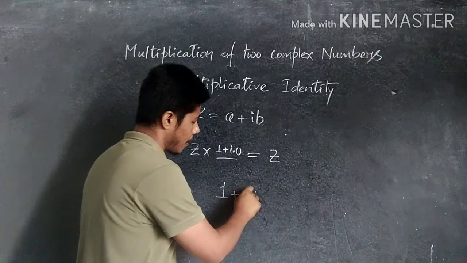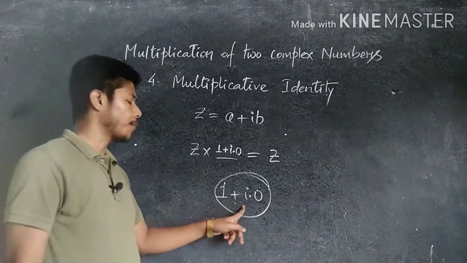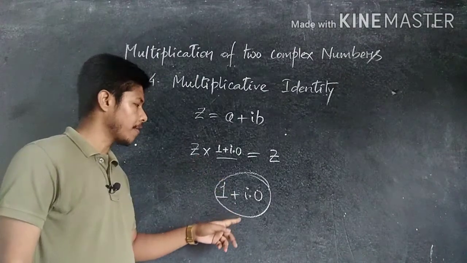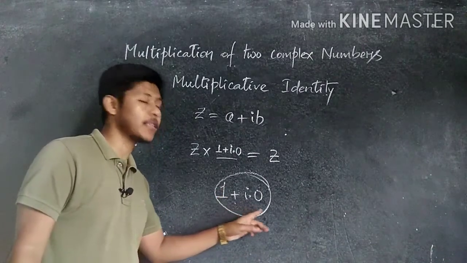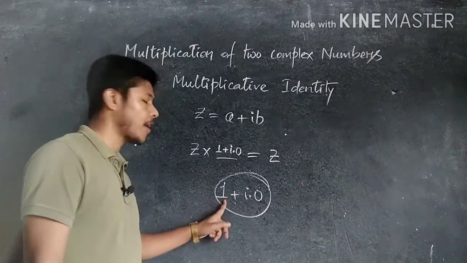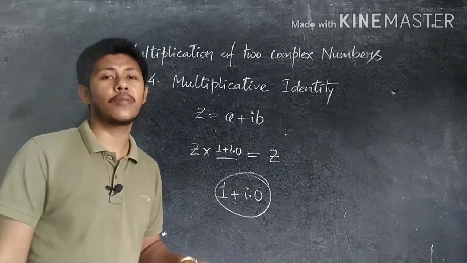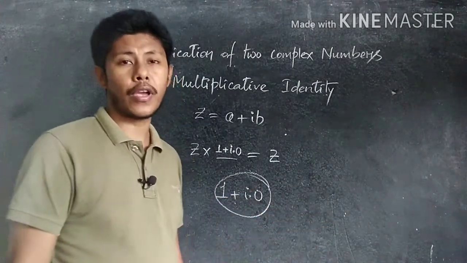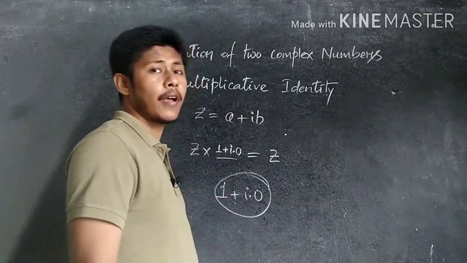This is a complex number, and this complex number is the multiplicative identity of z. So if anyone asks you what is the multiplicative identity in case of complex numbers, then we have to write 1 plus i into 0. Is it clear? In case of real numbers, if asked, you write 1. Remember this. So this one is about multiplicative identity.